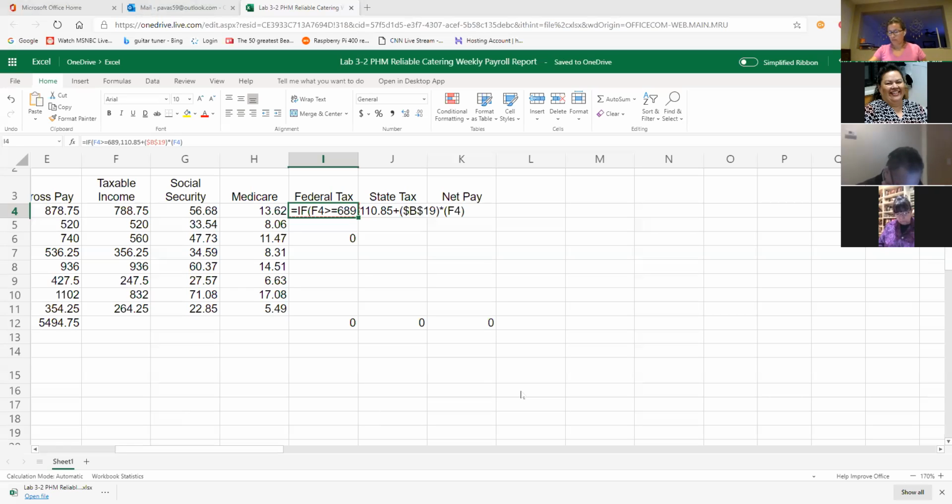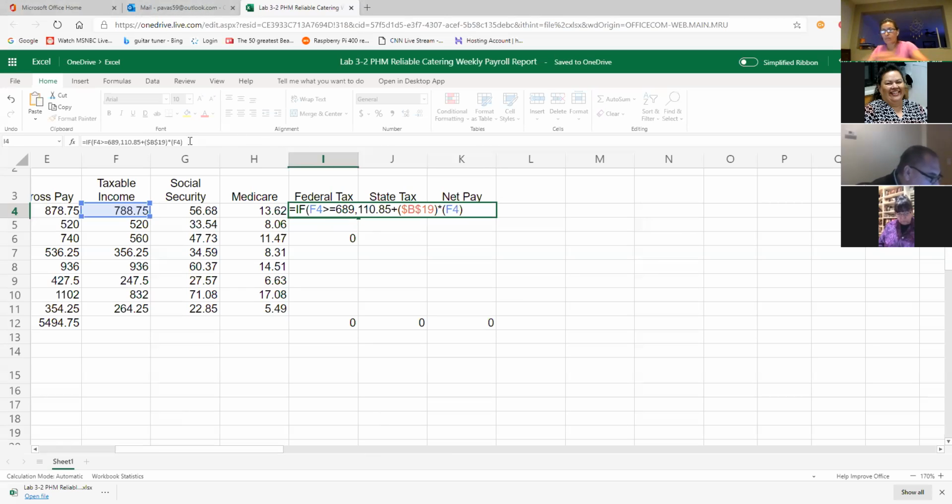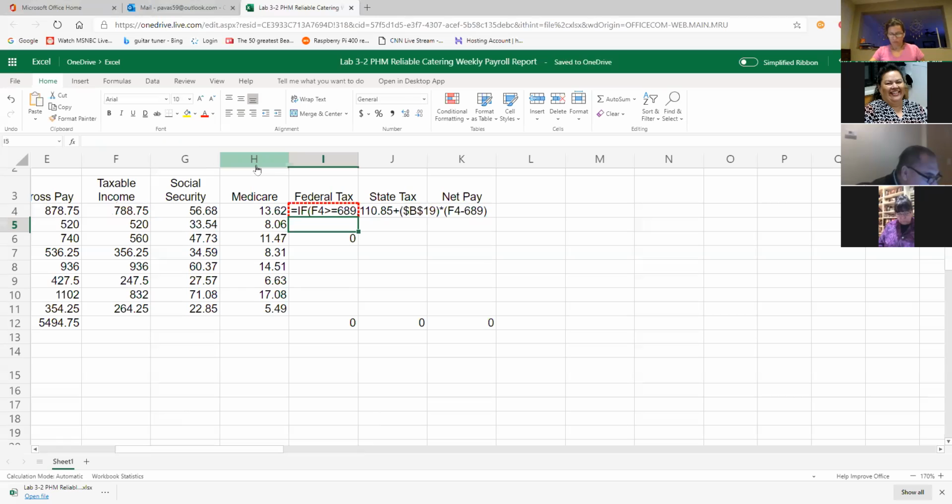Dollar sign times F4. F4 minus 689. I have one parenthesis, 1, 2.